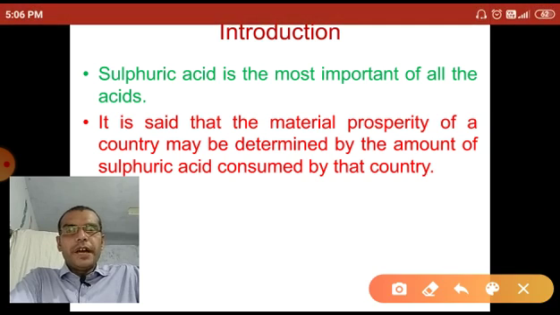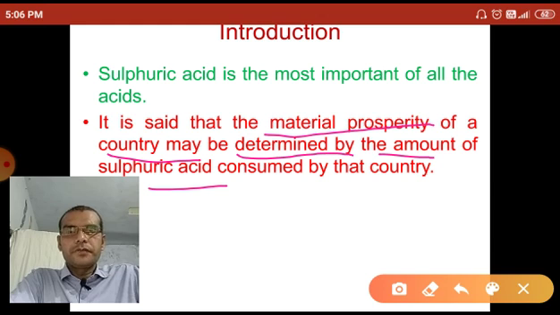So it is said that the material prosperity of a country may be determined by the amount of sulfuric acid consumed by that country.